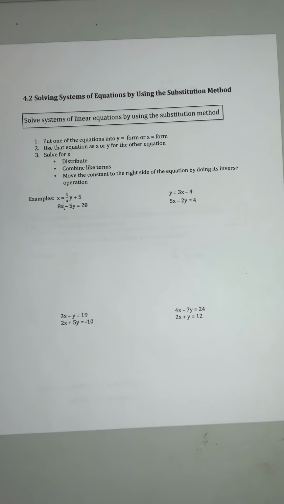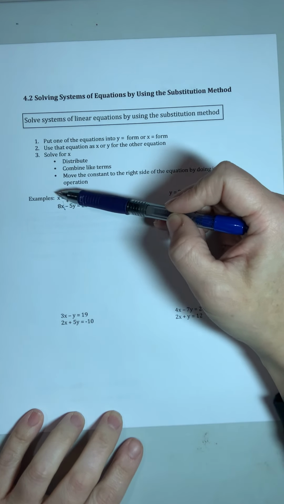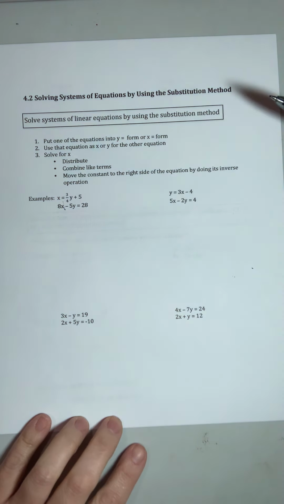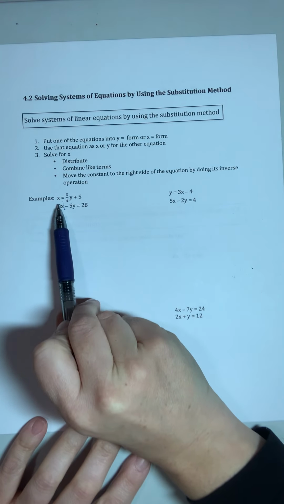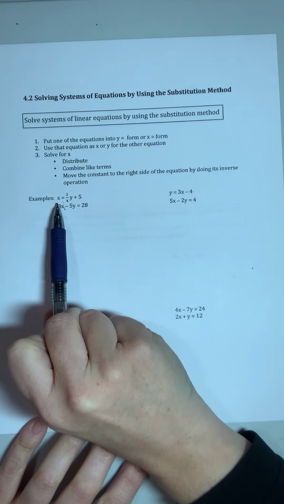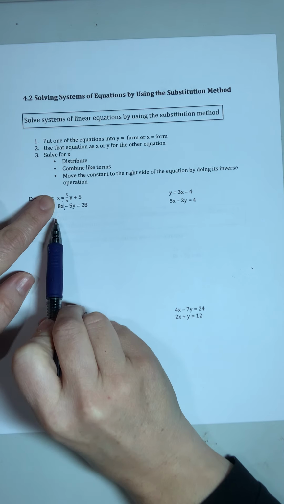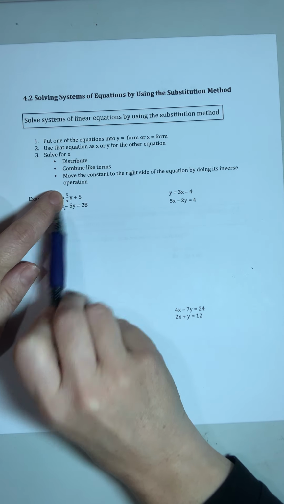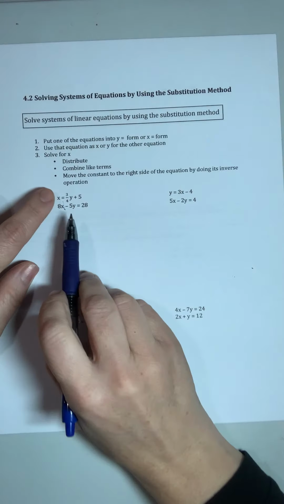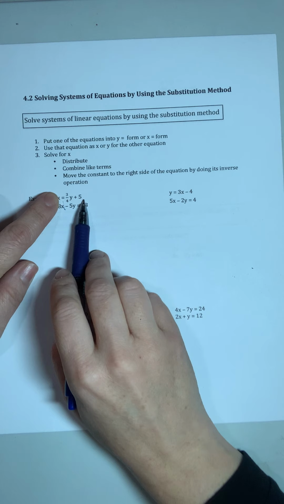So what your goal is, you want one of these to be either x equals or y equals. Okay, you need one of them to say that. And luckily for us, they gave us that. They gave us an x equals. So that means in this equation down here, anywhere I see an x, I'm going to replace it with 3/4 y plus 5, because up here, they're telling me that x is 3/4 y plus 5.